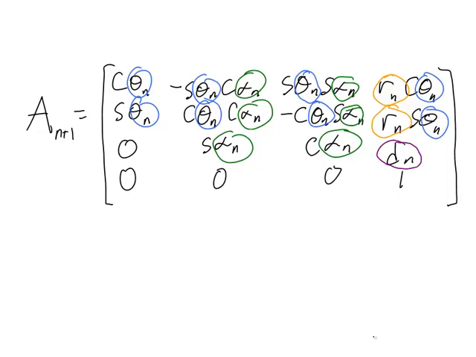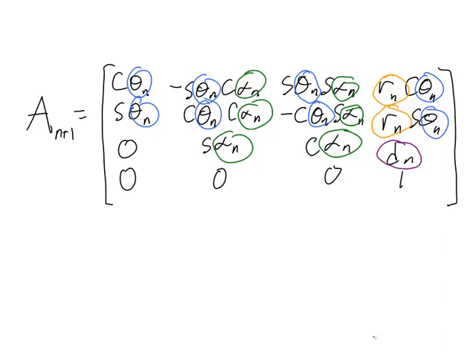So once we have these four variables identified, finding the homogeneous transformation matrix does not require any matrix multiplication as was required in the method that we learned previously. We can simply plug in those four variables to get the homogeneous transformation matrix directly.